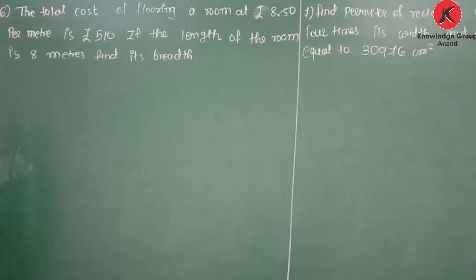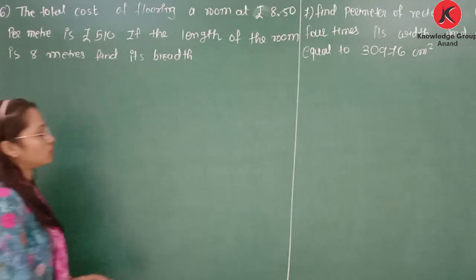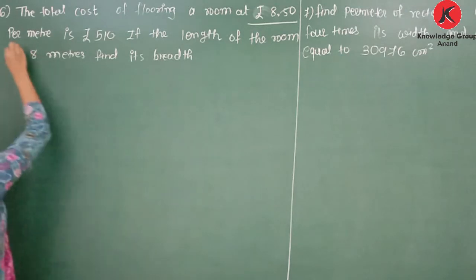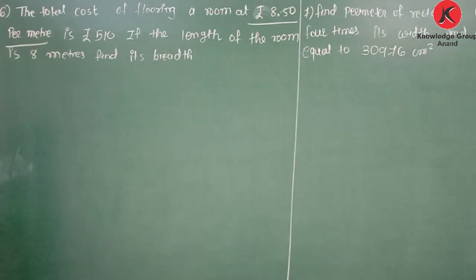Now next example. The total cost of flooring a room at rupees 8.50 per meter square is rupees 510. In this statement, the cost of flooring for 1 meter square is given as 8.50 rupees.